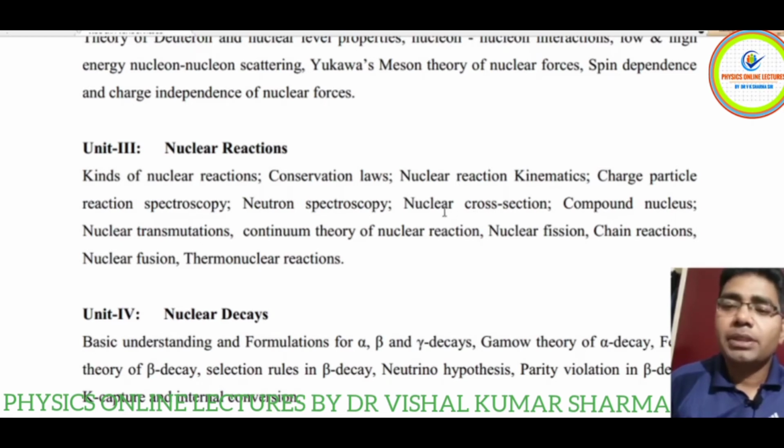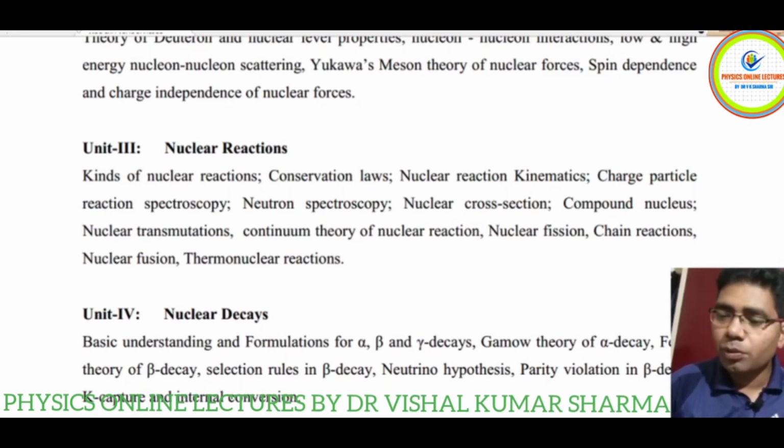We shall have the nuclear cross section and compound nucleus, nuclear transmutations, continuum theory of nuclear reactions, nuclear fission, chain reactions, nuclear fusion, and thermonuclear reactions. This will be covered in Unit 3, nuclear reactions.